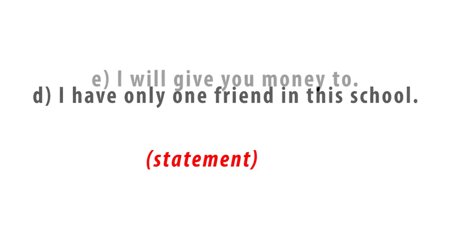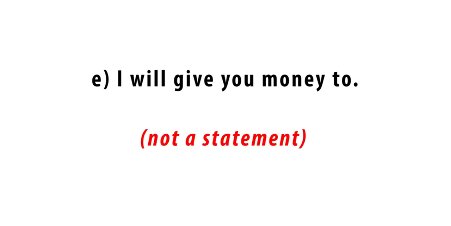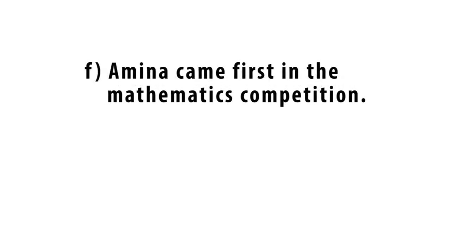D, I have only one friend in this school. This is a statement. E, I will give you money too. This is not a statement. F, Amina came first in the mathematics competition. This is a statement.